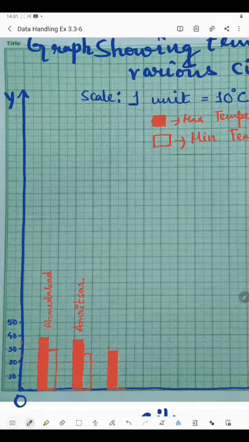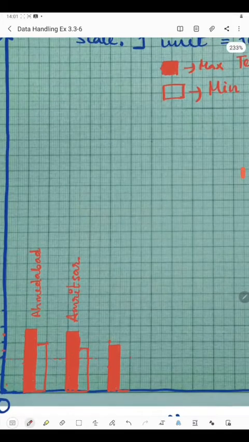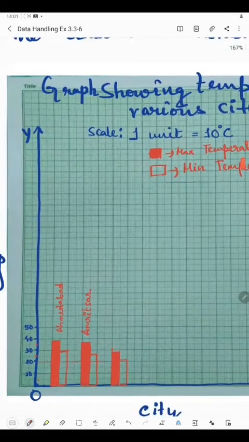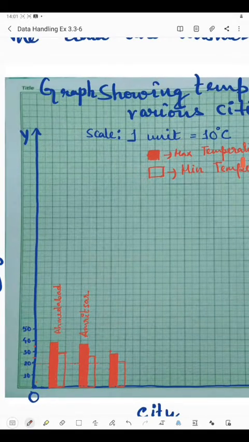Okay, now 21 is 1 box more than this, so it's here. So we will leave it blank, as a blank bar represents minimum temperature, right? So here we will have to mention the city. It's Bengaluru.